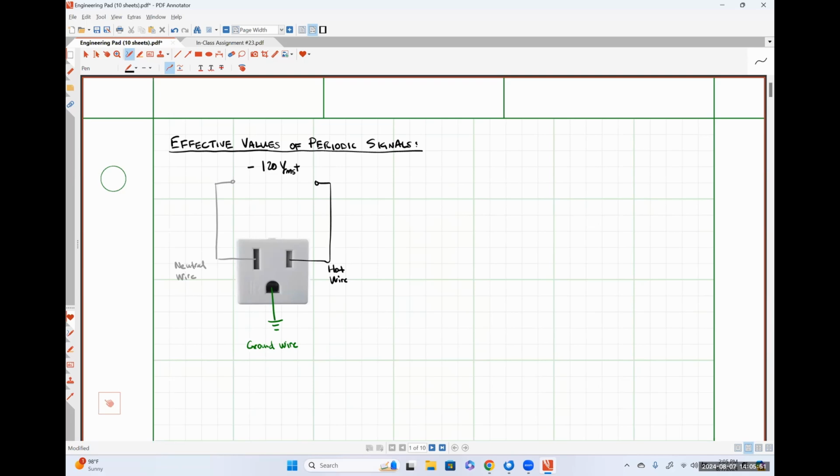But realistically, that RMS voltage is a representation of a time varying voltage signal.